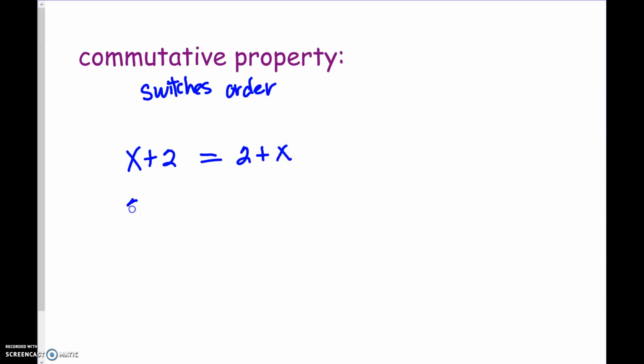If we take 3 times 5, that is the same thing as saying 5 times 3. The order of the numbers or letters switched, and it works for addition and multiplication.